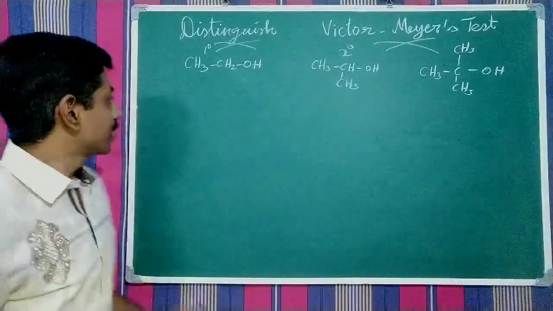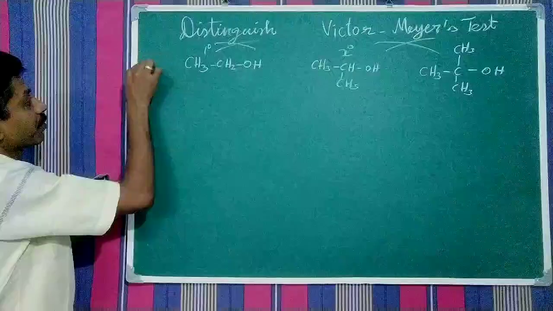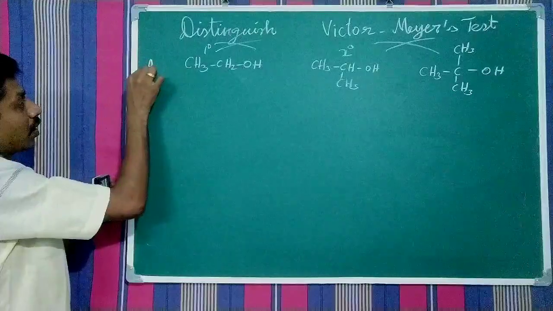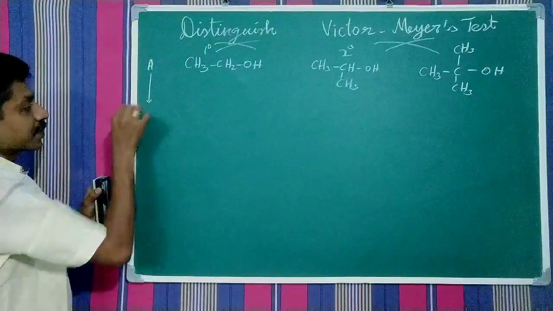And in the problem they will give it this way. It may be a problem type of question. Compound A, they go with 4 steps.